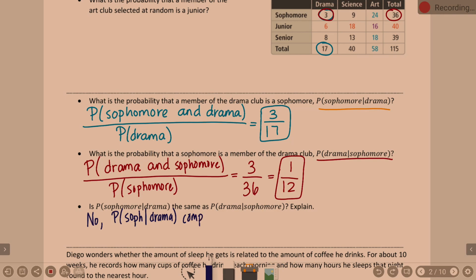It compares sophomores in drama club to all, what was on the first one? All drama club members.